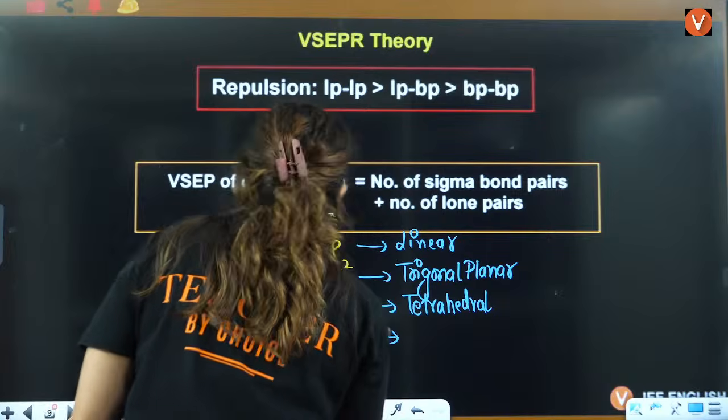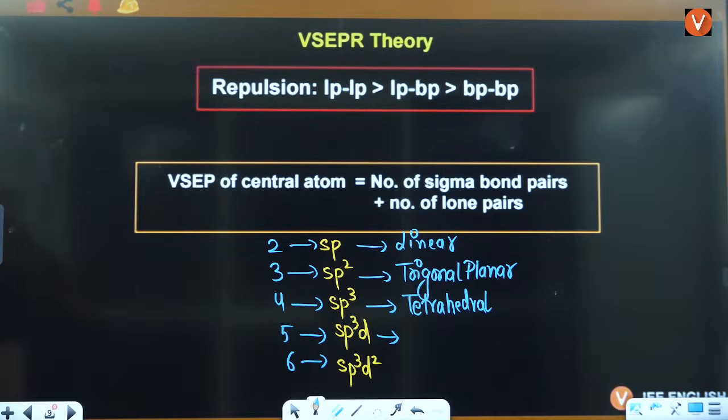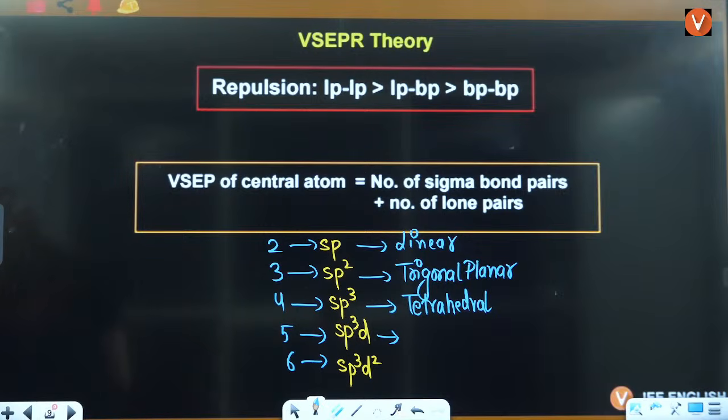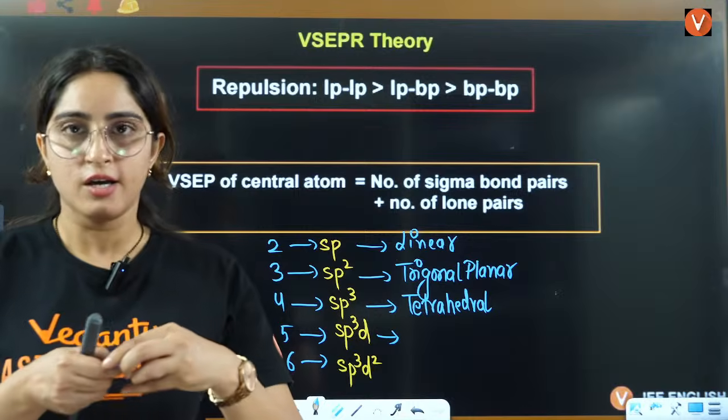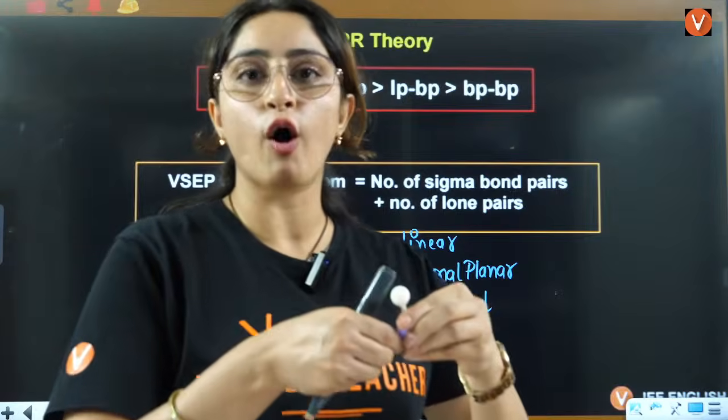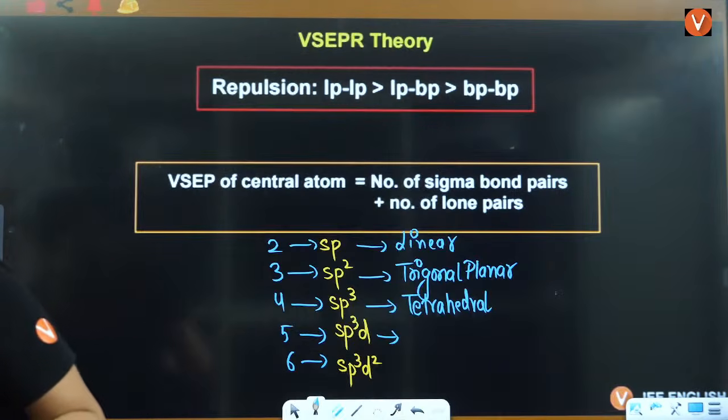Then you have sp3d. Now, can any one of you tell me what you mean by sp3d? Acha, we have learned about trigonal planar, isn't it? We have learned about trigonal planar structure. This is also kind of trigonal planar. Firstly, you will draw trigonal planar like this, okay.